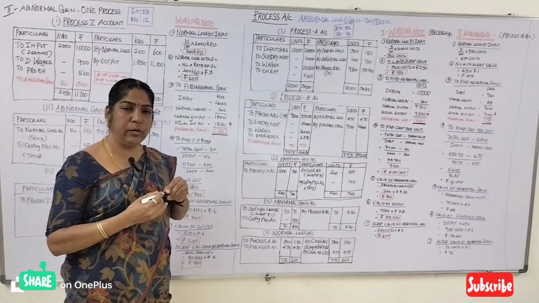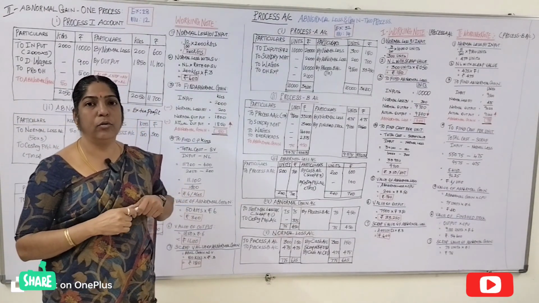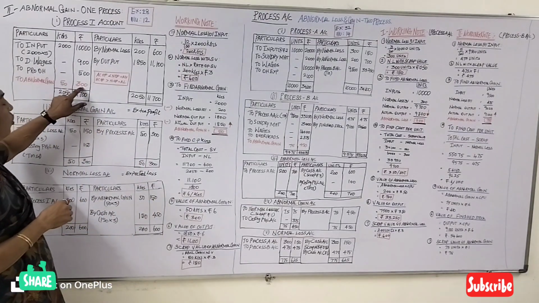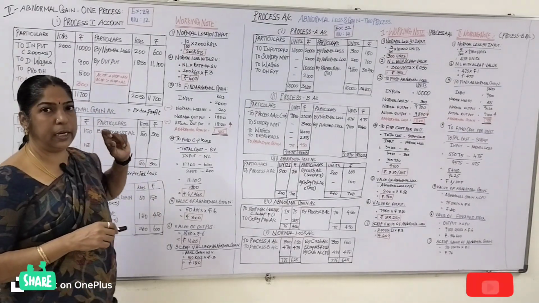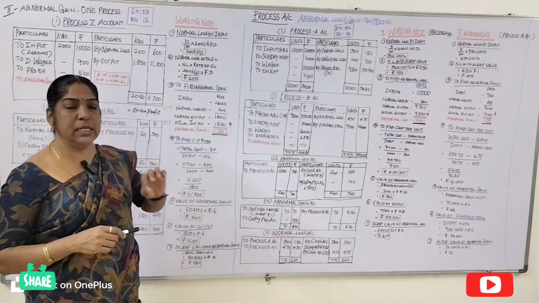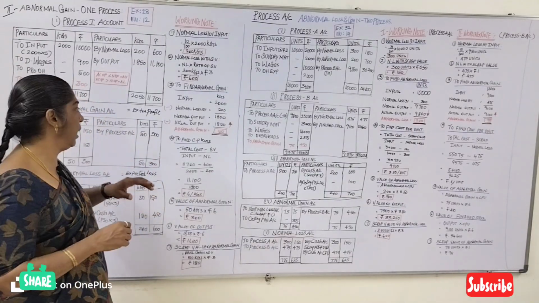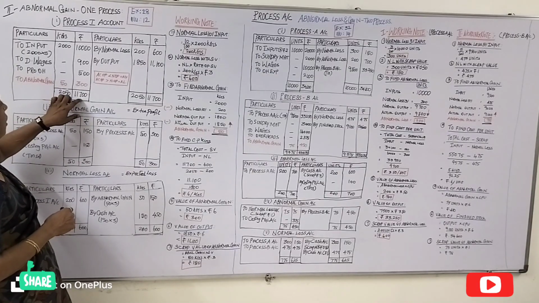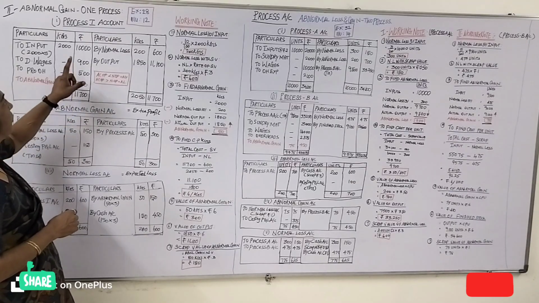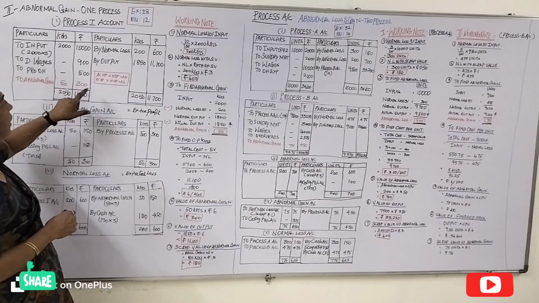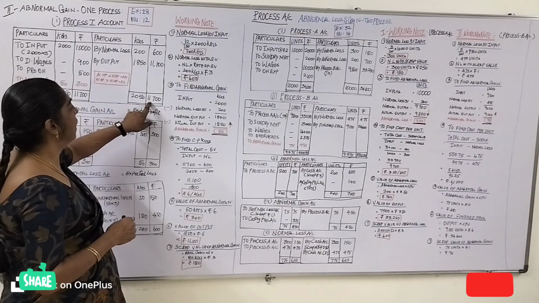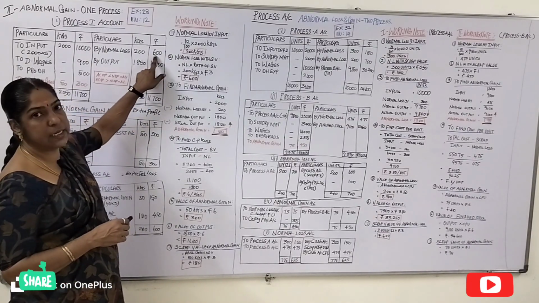Okay, then what do we need to do? We are going to find out the value of abnormal gain. How can we find it out? It's very simple, we have a calculation for that. From the total cost of the process account, we subtract the scrap value. What is the total cost? We have the total cost of 11,700, subtracted by the 600 scrap value.